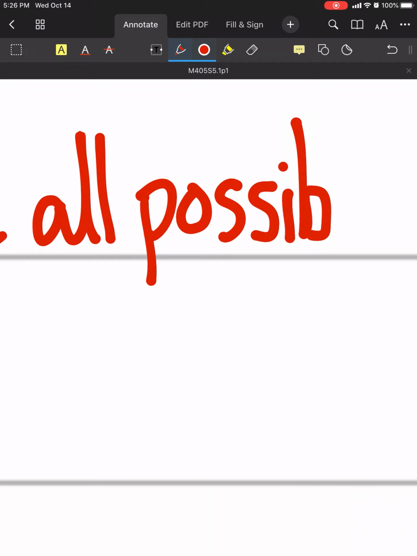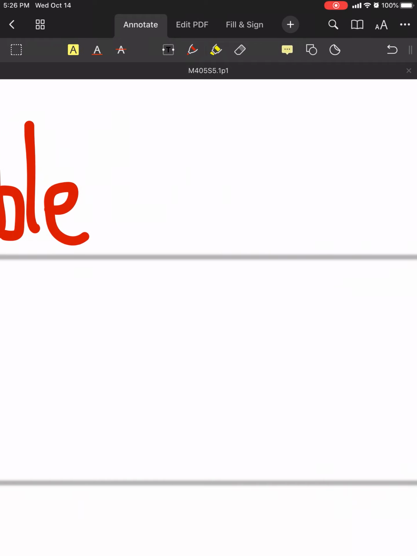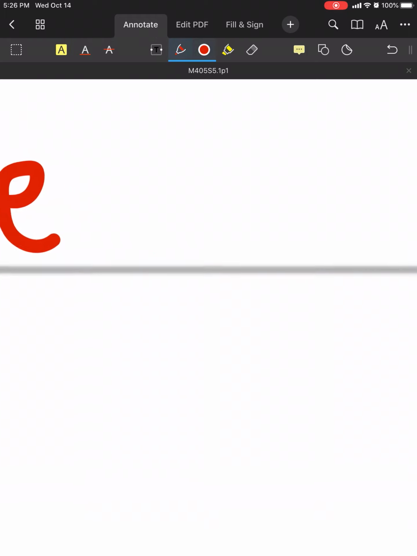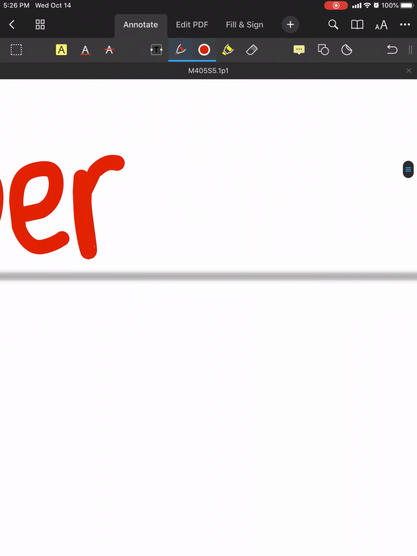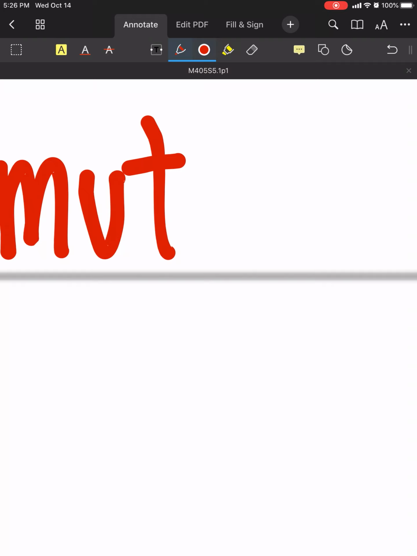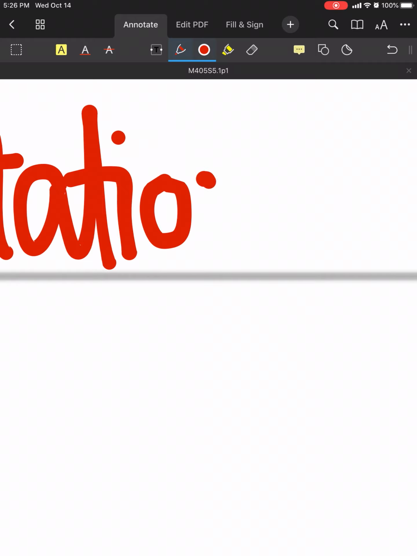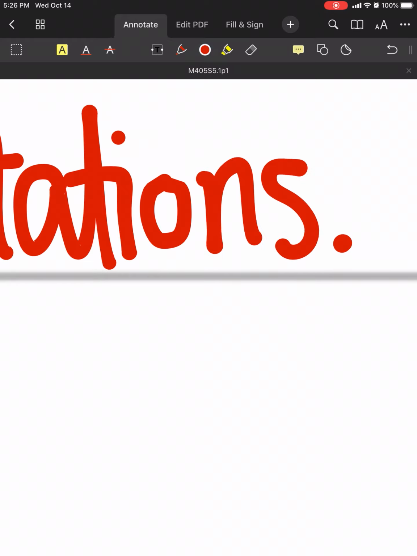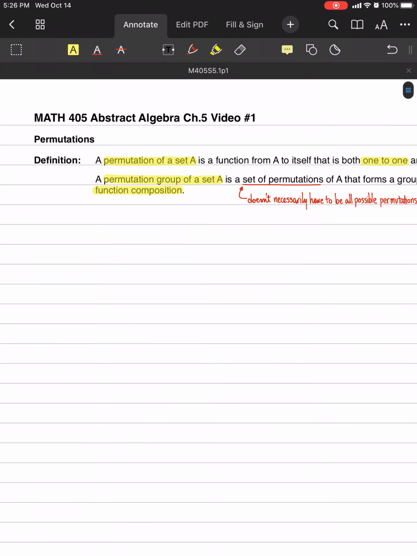So there are some examples where you might have some permutations in the group and not others. Now, if that's true, you do have to still make sure that the group is closed under function composition, because otherwise it wouldn't be a group, right? You can't take two of the permutations, compose them, and get something that's not in the set, or it wouldn't be a group. So it doesn't necessarily have to include all permutations, but sometimes it does. Okay, so that's what we mean by a permutation.